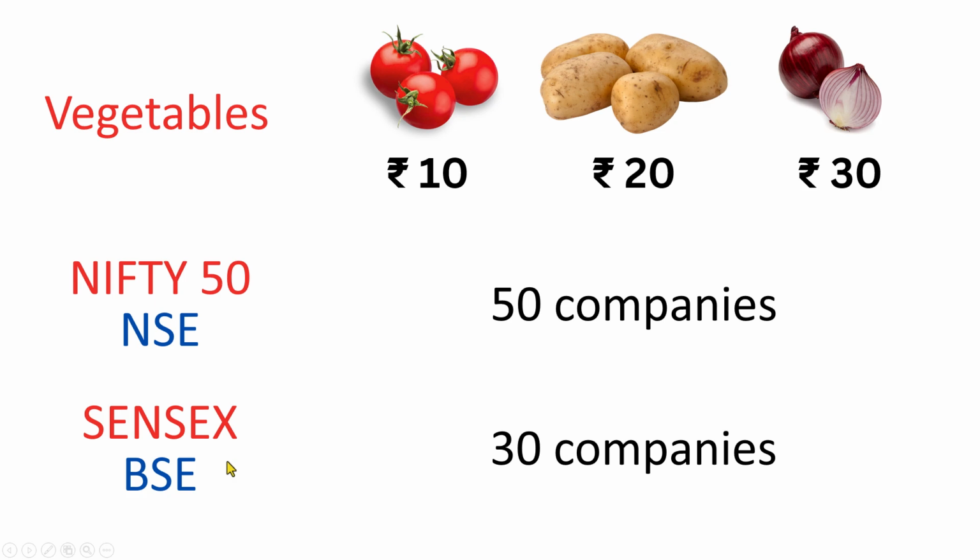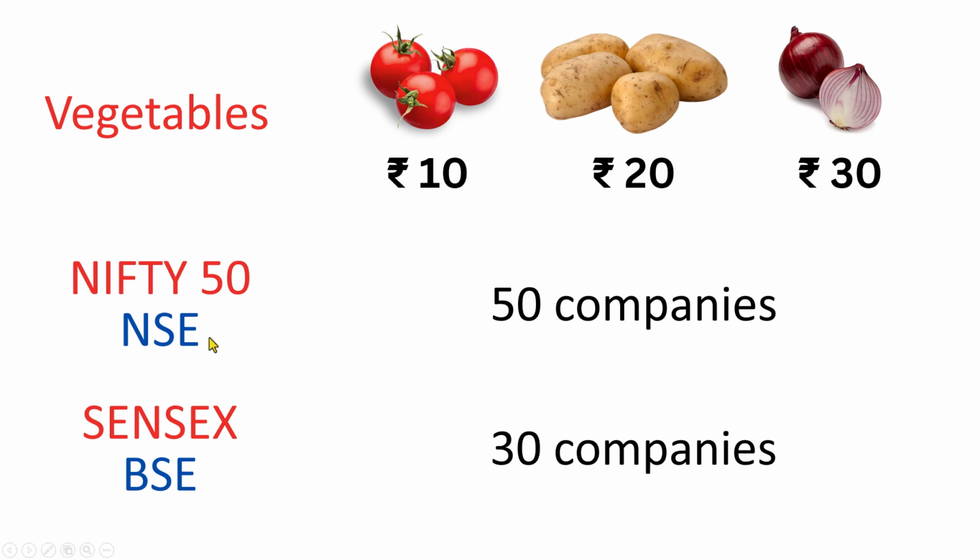So, Sensex gives you an idea of how the price of 30 products from the BSE shop is moving, and Nifty 50 gives you an idea of how the price of 50 products from the NSE shop is moving day by day. Alright.